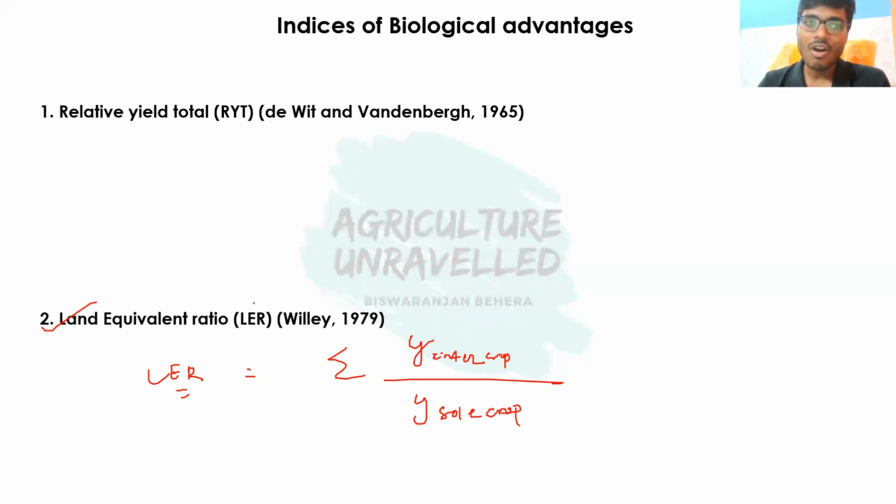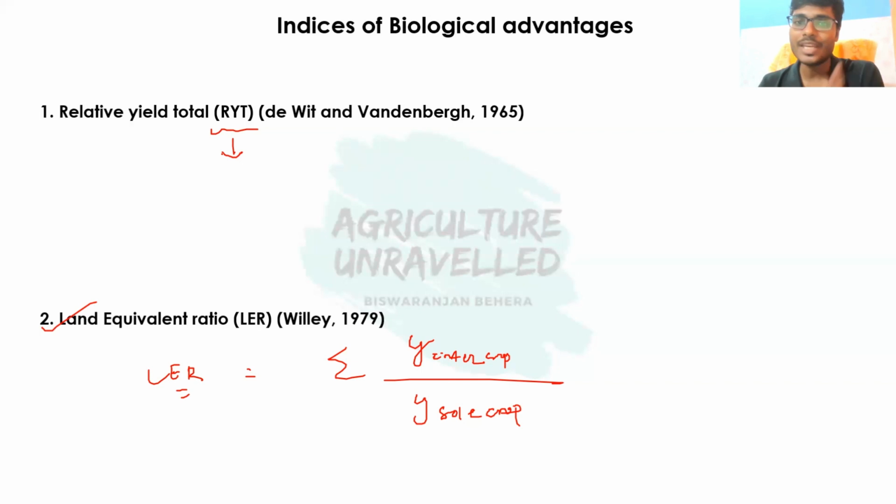In interpretation of relative yield total, it is used to consider the resource use between these two crops. But in case of land equivalent ratio, it is used to calculate the yield advantage or the quantity or the amount of land required to get the same amount of yield as that of the sole crop.